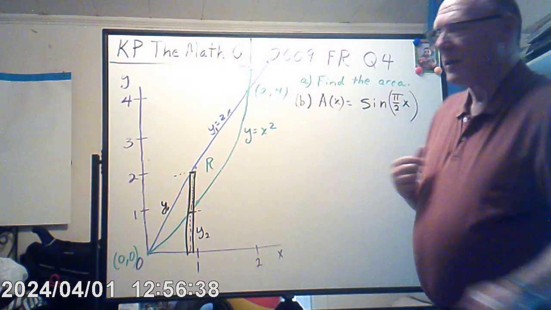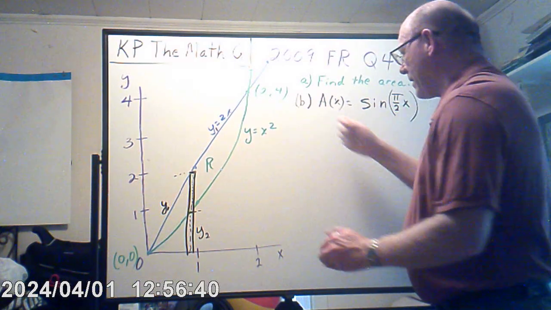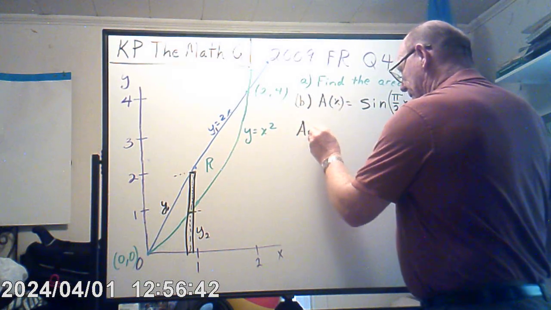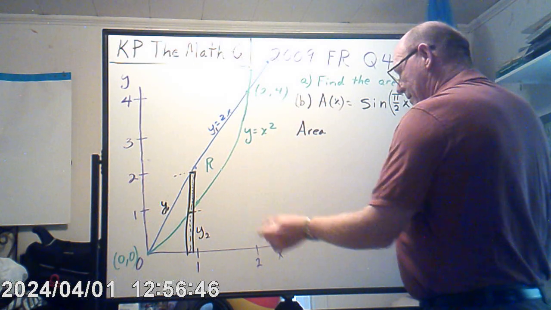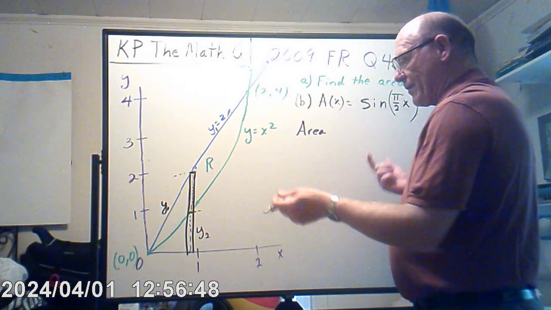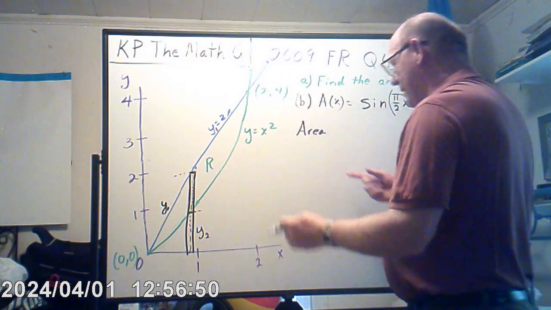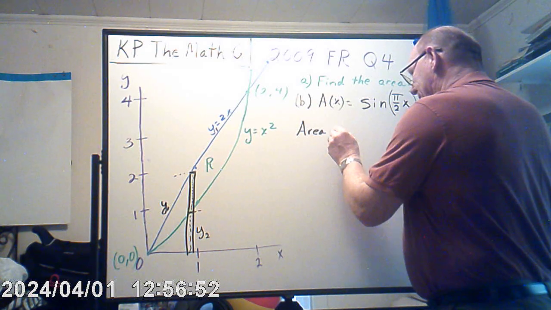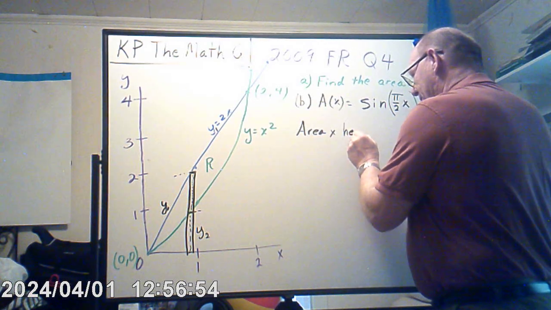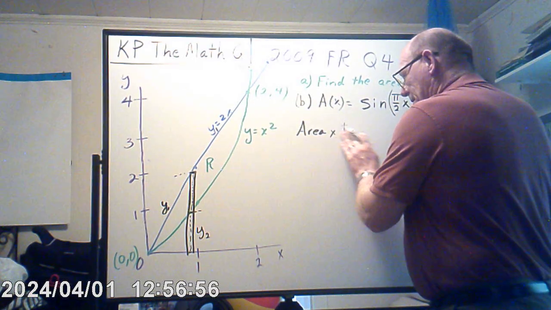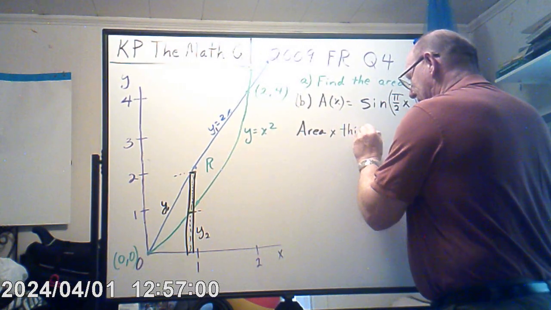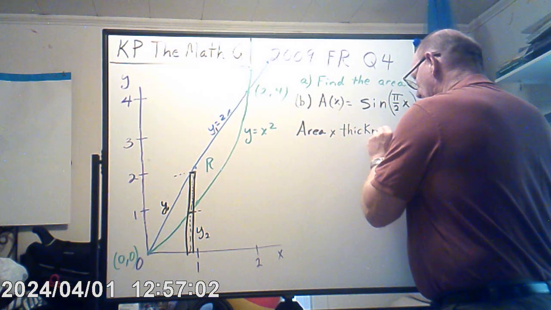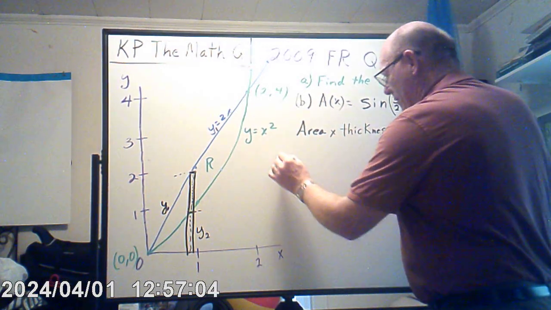Now, volume, remember, is the area times the width. We've got length times width, the area times the height, or we might say times the thickness in this case. Well, we already know what the area is.